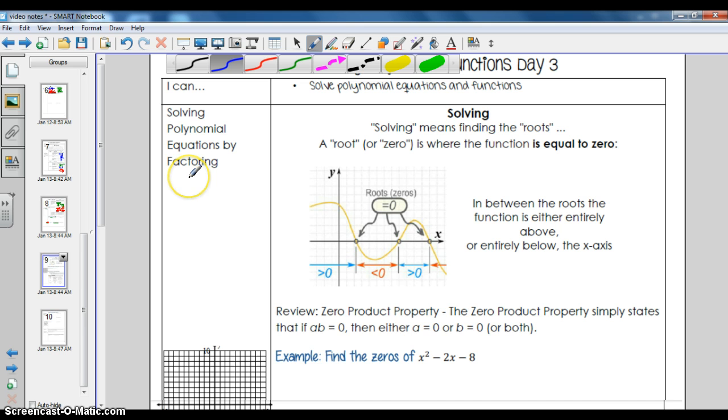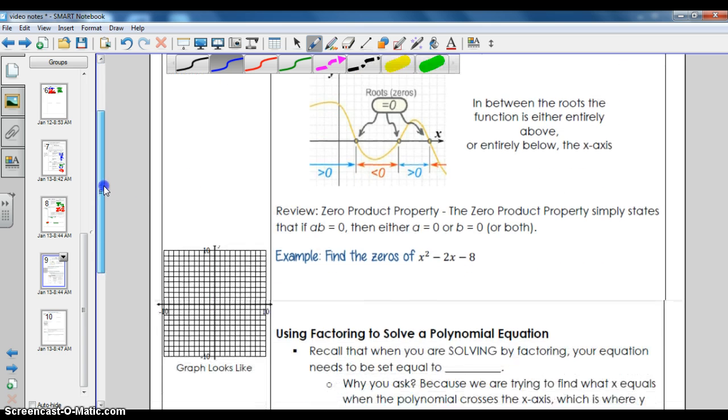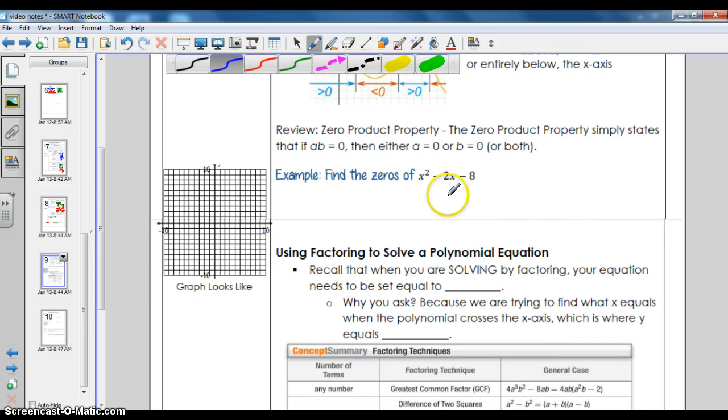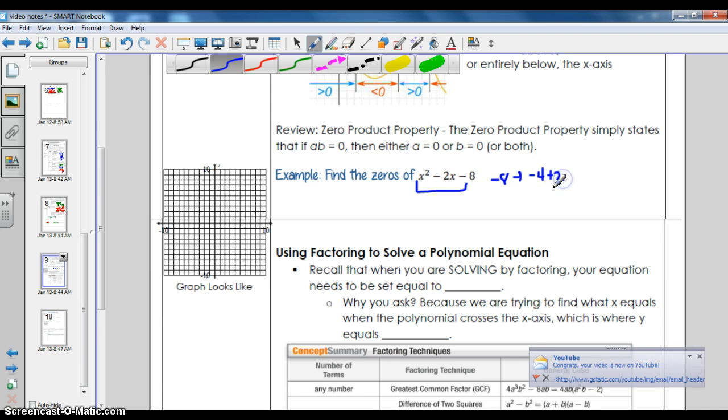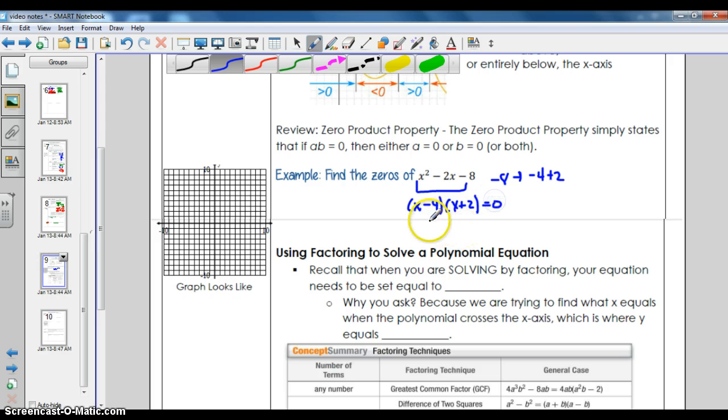So we are going to factor, so let's look at this example here. For factoring, we can use the shortcut method because we get -8, and the factors of -8 that add to get -2 are -4 and 2. So we can factor as x minus 4 and x plus 2 equal to 0, and then we can solve.